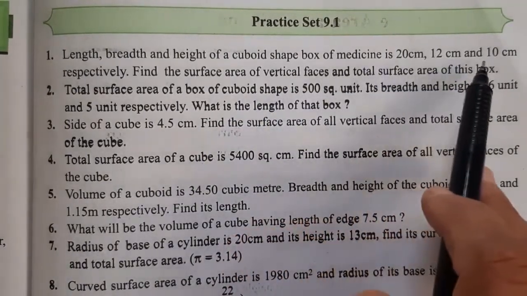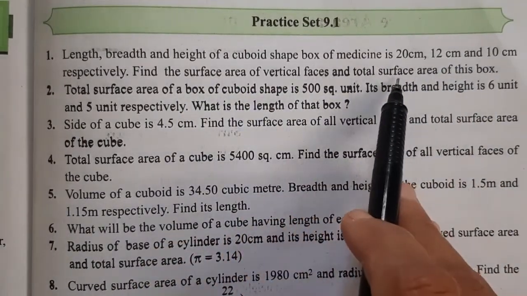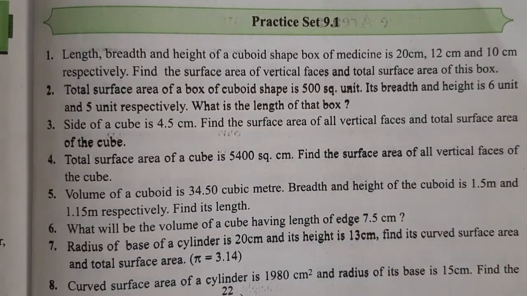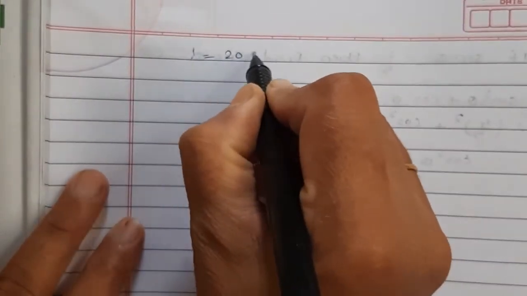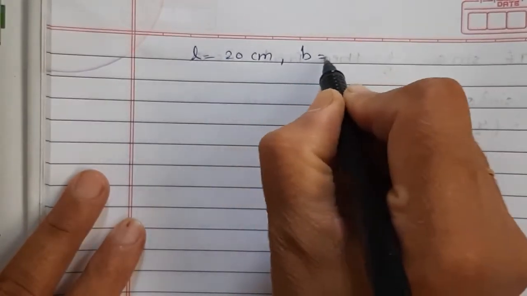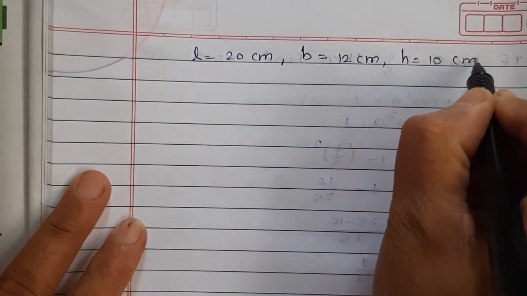Length, breadth and height are given. With the help of that, we have to find the surface area of the vertical face and the total surface area of the box. Now we know the formula. Here length is given 20 cm, breadth is 12 cm, height is 10 cm.